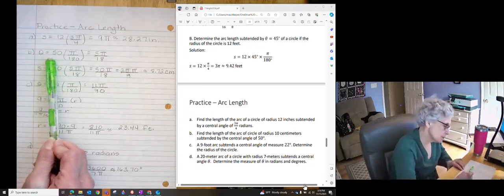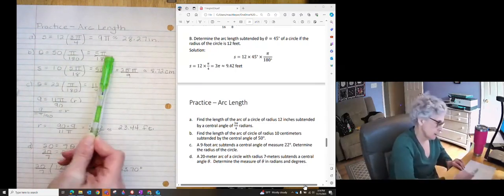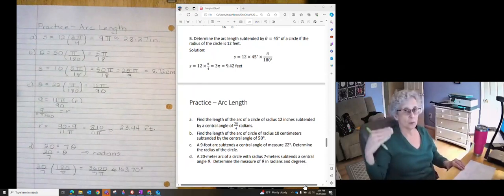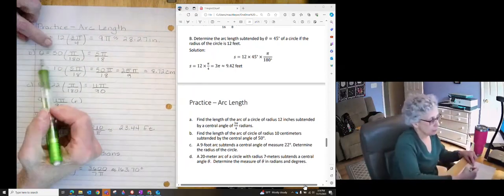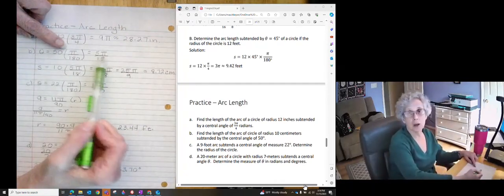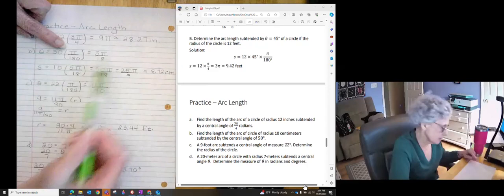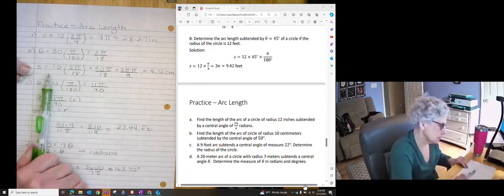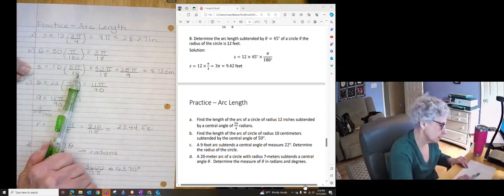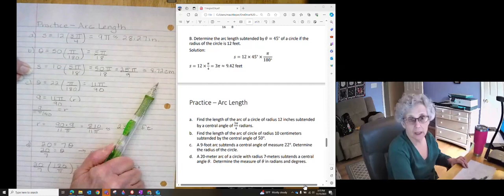So I did that first, 50 degrees times pi over 180. I always think about when you're going from degrees to radians, you're introducing a pi into the equation, a pi on top into the equation. So then we just plugged the 5 pi over 18 into the S equals R theta and got an answer.